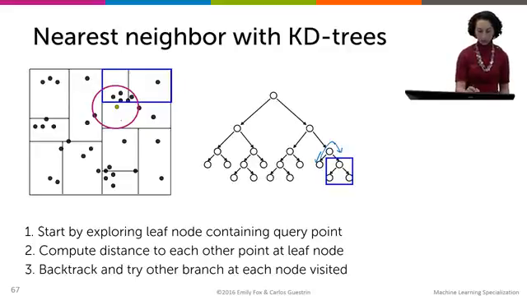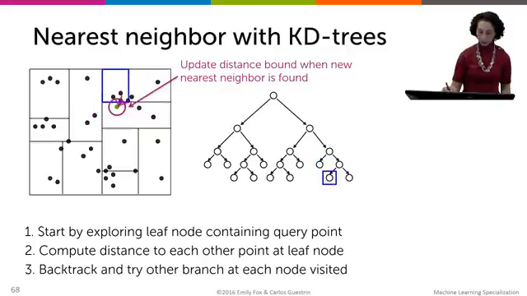Then we're going to go down to a leaf node. We check this one, and now we've traversed here to this leaf. Now we're going to compute distances to all of these points and compare relative to the distance to our nearest neighbor found so far.